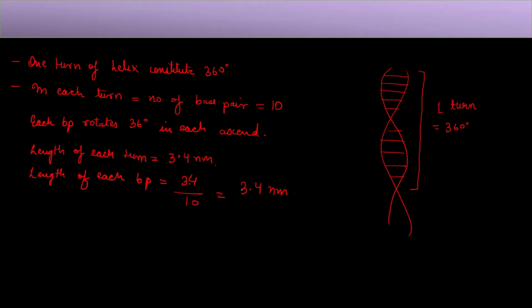So this is 3.4. So this will become your 0.34 nanometer. So length of each base pair will become 0.34 nanometer.